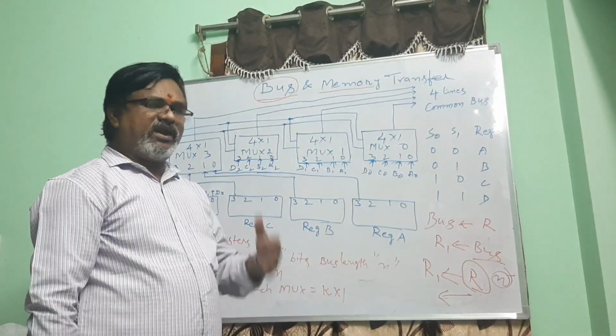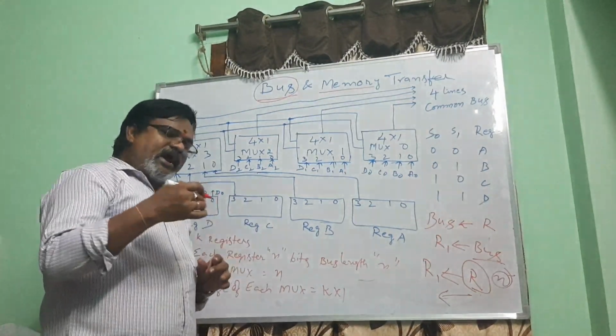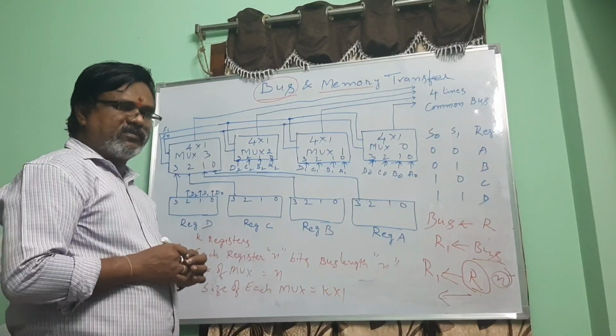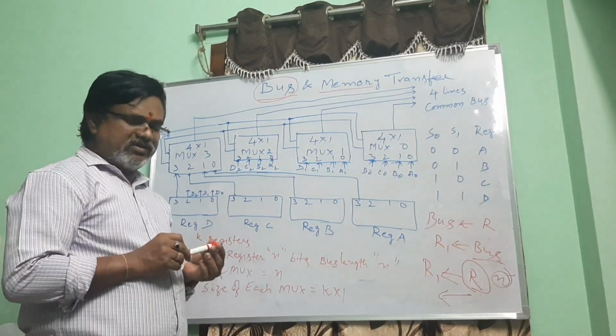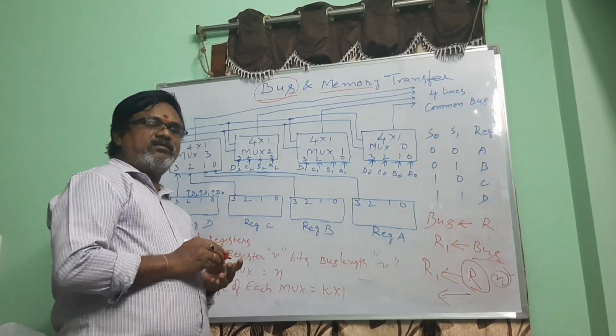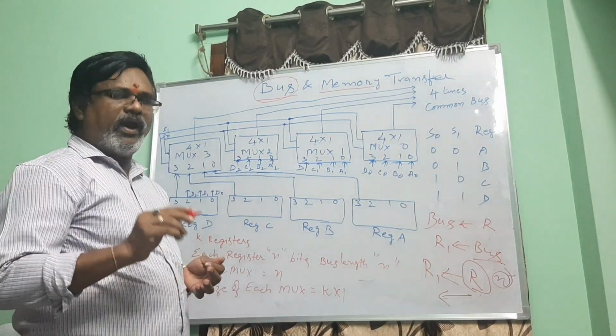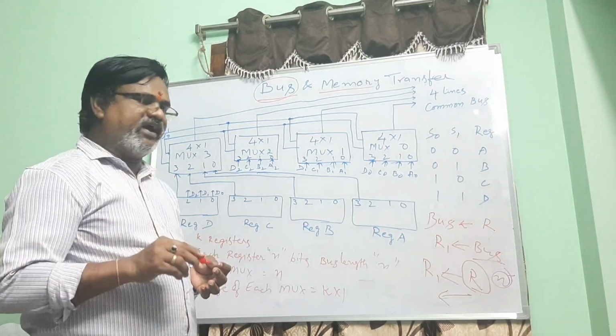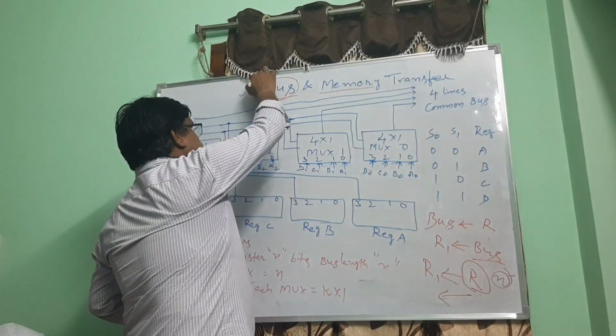But generally, transferring data from one place to another in computer organization is done by a group of lines, which is normally called a bus.